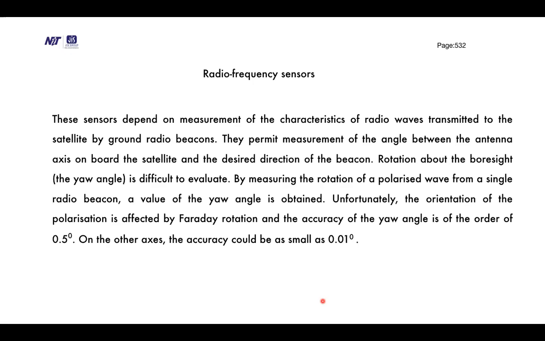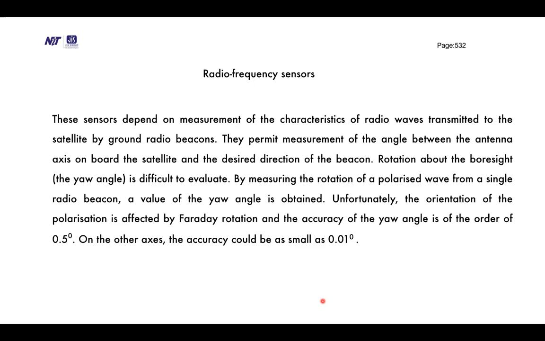Now, radio frequency sensors. These sensors depend on measurement of the characteristics of radio waves transmitted to the satellite by ground radio beacons. They permit measurement of the angle between the antenna axis on board the satellite and the desired direction of the beacon. Since radiation is symmetric about both sides, the yaw angle is difficult to evaluate.